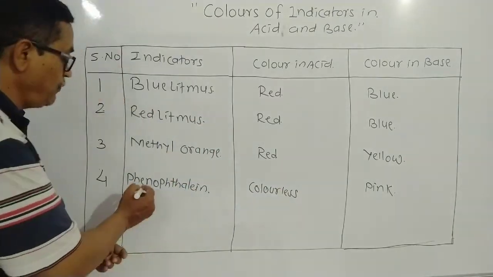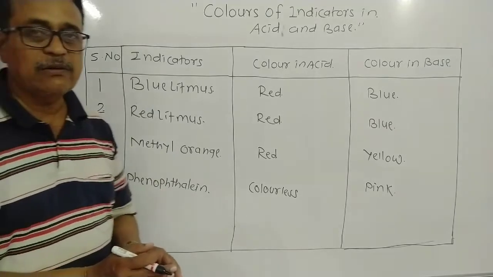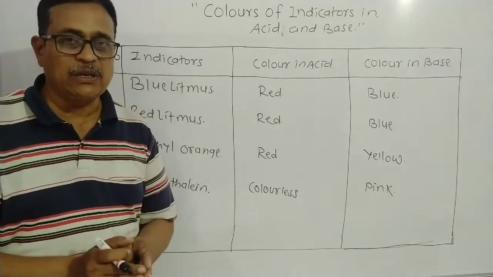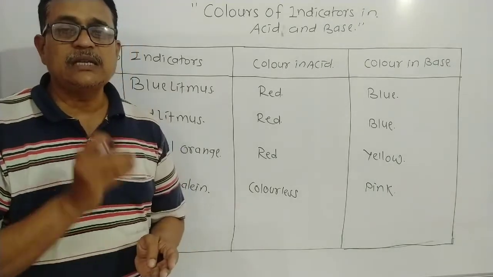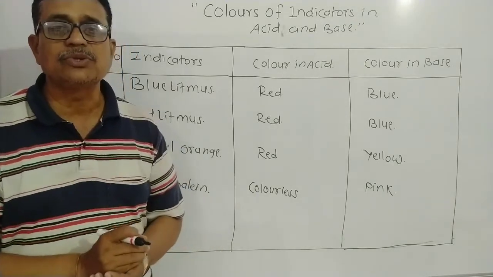Then we use phenolphthalein as an indicator. Phenolphthalein is also used to test the acidic and basic nature of a solution.